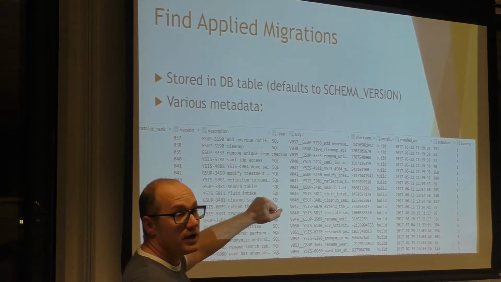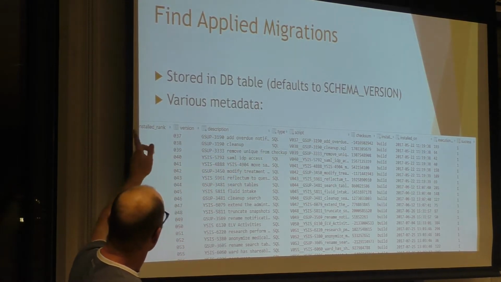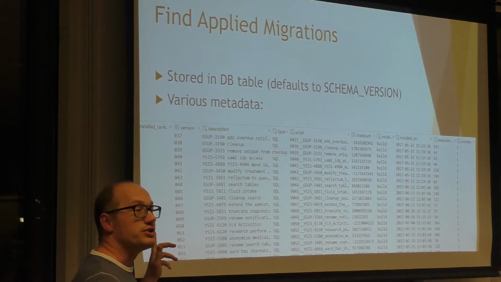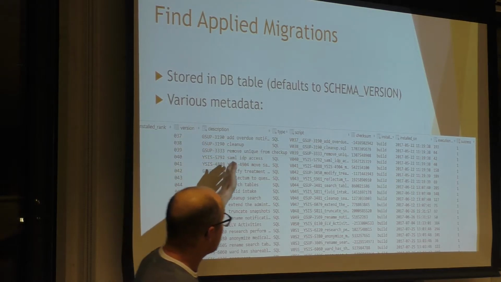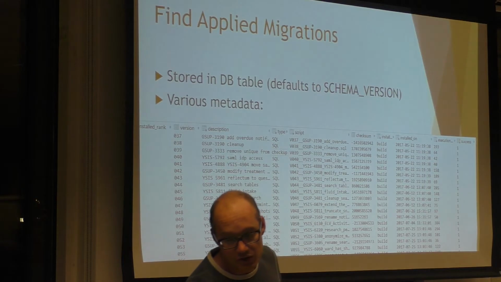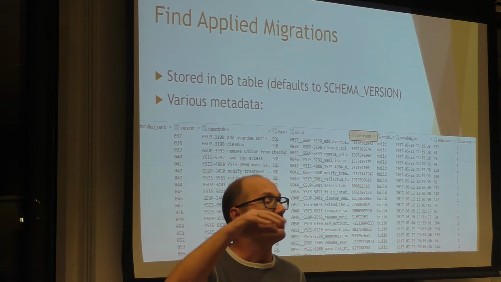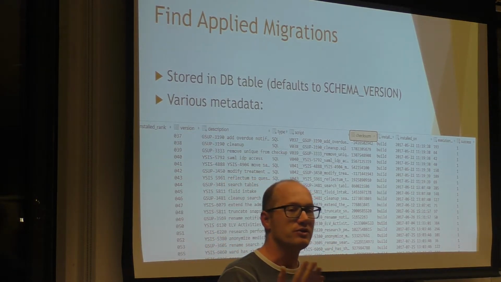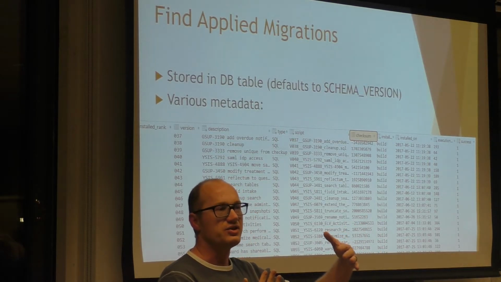And in that database table, it will track, okay, in what ordering, there's something falling off the screen here, but there are numbers here. In what ordering were the migrations applied? What versions were they? Then here is your description. But you see some additional stuff as well, like a checksum, for example. The checksum is a hash of the contents of your migration. So Flyway can not only know I already applied this file, it can also see, if it finds the file again as an available migration, was it actually unchanged?